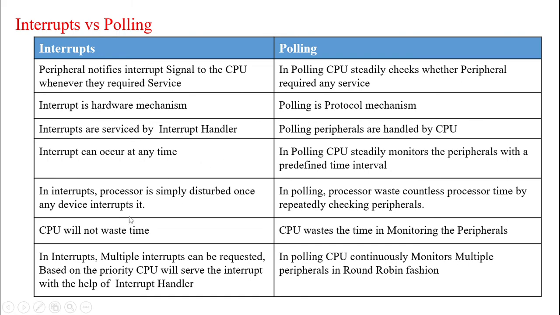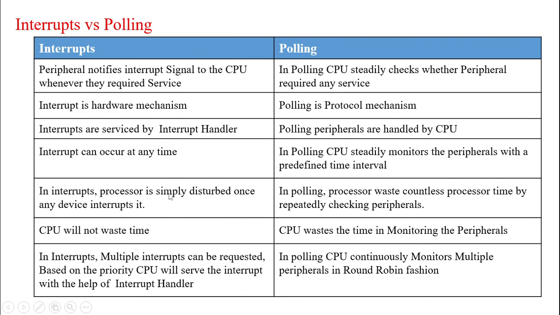Okay, next point. In the interrupt, it's a disturbance to the processor once there is an interrupt. For the processor, an interrupt is nothing but a disturbance from the external device. But in case of polling, the processor will waste countless time by repeatedly checking the peripherals.